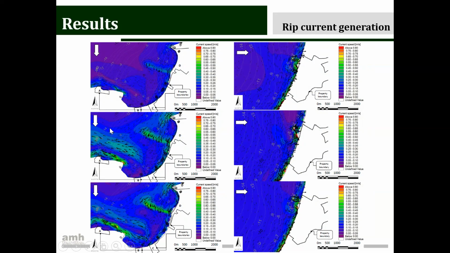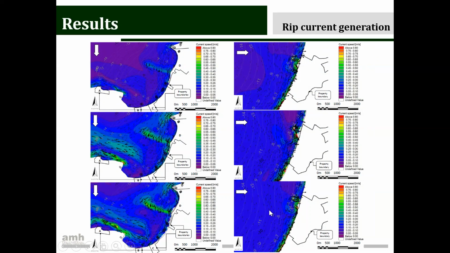For location 1, the left panels here, the rip currents reach about 0.35 meters per second, and they are seen to be generated in front of the coastline by winds and offshore waves from the north.